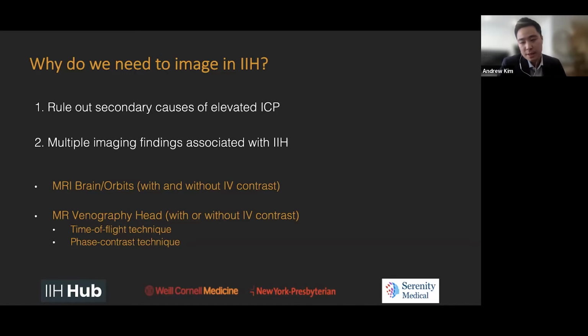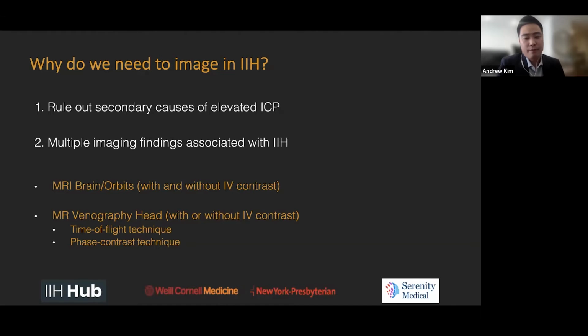I won't go into too much detail on how the techniques are actually done or the physics of it, but just know that there are techniques we can do with MRI where you can assess the major dural venous sinuses without IV contrast, as opposed to CT venograms where you would always require some sort of iodinated contrast. So just keep that in mind. But you can certainly get an MR venogram with contrast as well.